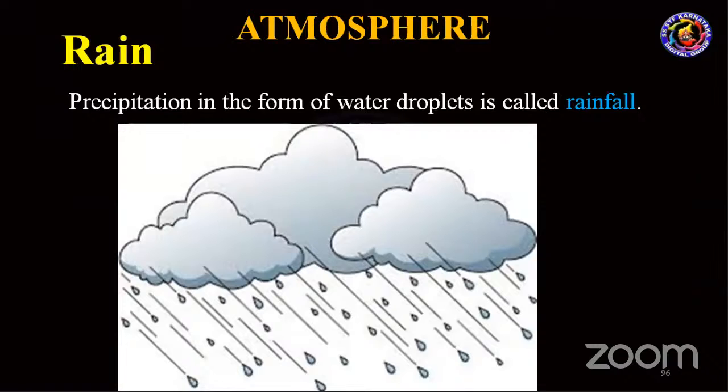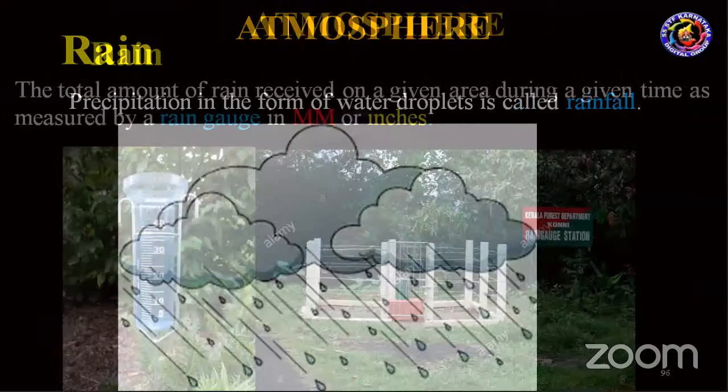While we were discussing clouds, I told you how rain happens. Rain happens due to warm water vapor. Whenever warm water vapor starts to condense, it may result in rainfall, and this is measured through the rain gauge.